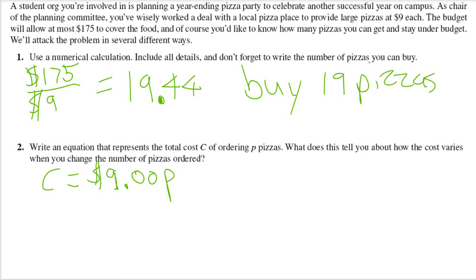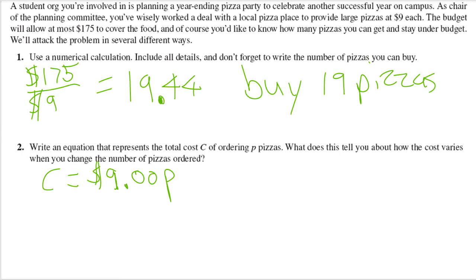If you're still struggling with writing that, I think everybody knew you were going to multiply 9 times the number of pizzas. That's all we're asking you to do here, to say 9 times P, where P is the number of pizzas. Okay. What does this tell you about how the cost varies when you change the number of pizzas ordered? For every pizza you order, the cost goes up $9. You order one more pizza, you pay $9 more.